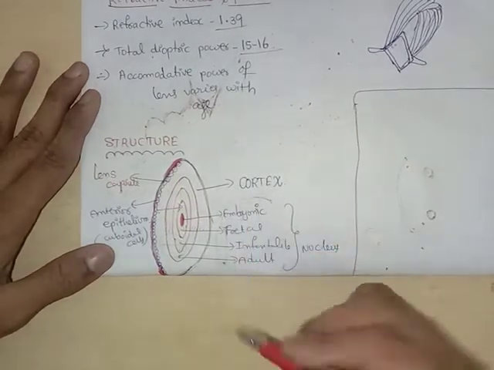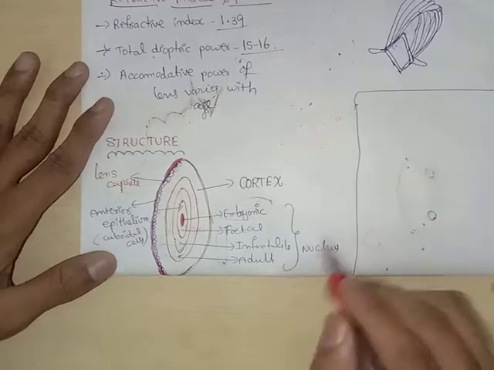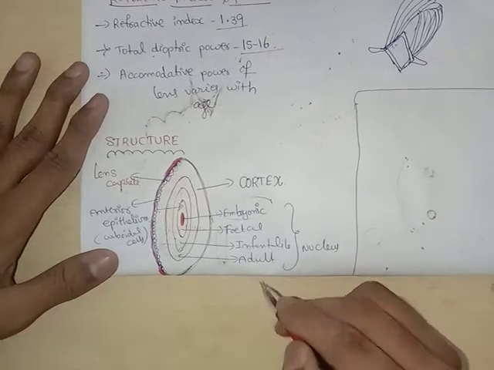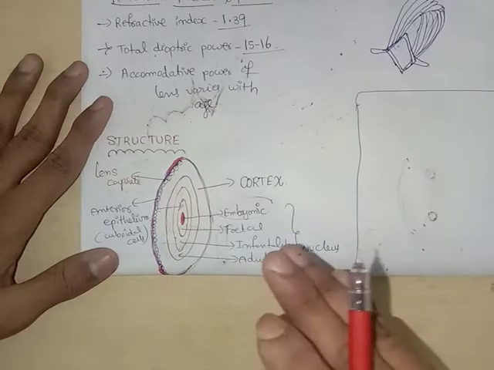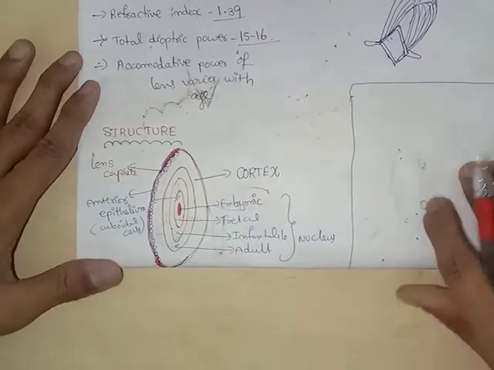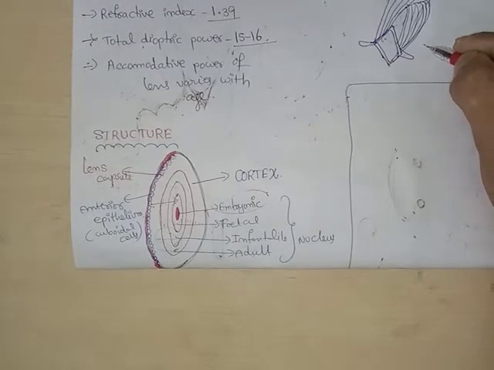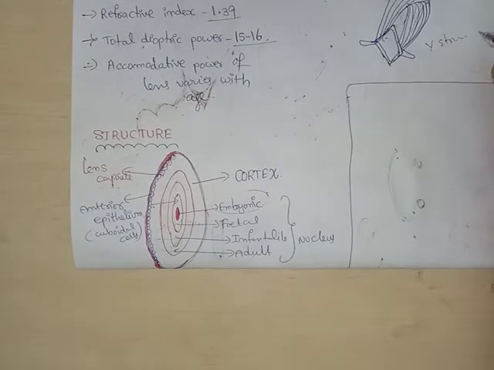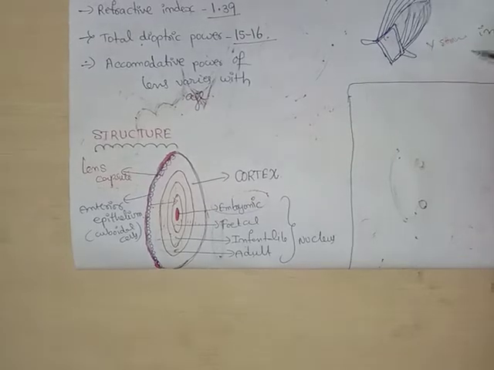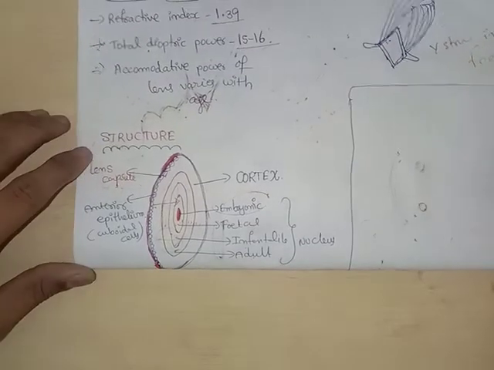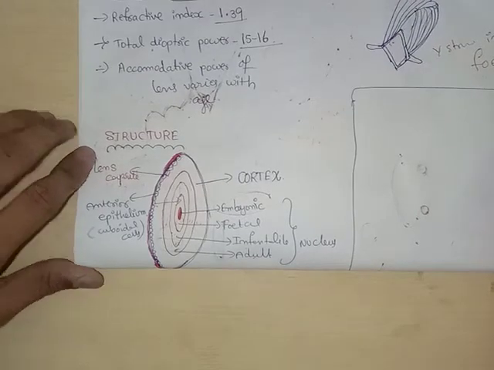The embryonic nucleus forms during the embryonic period, and like that the fetal and infantile ones are all formed step by step. These are the Y-shaped structure fibers in the fetal nuclear fibers. This is about the structure of the lens.